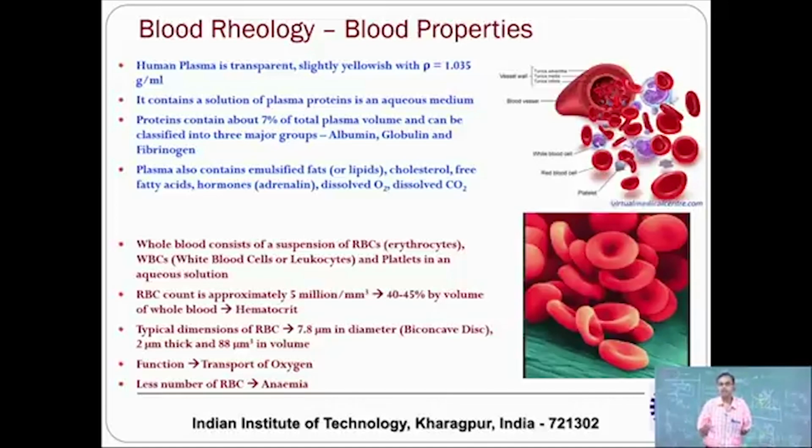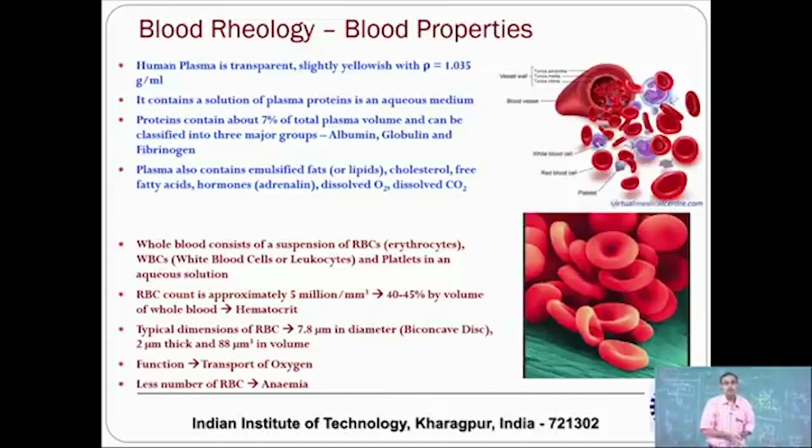Plasma is not just like water, because plasma contains certain proteins. These proteins are primarily albumin, globulin and fibrinogen, and they form their own network type of structure, which makes the rheology not exactly the same as that of water, although it looks like water.